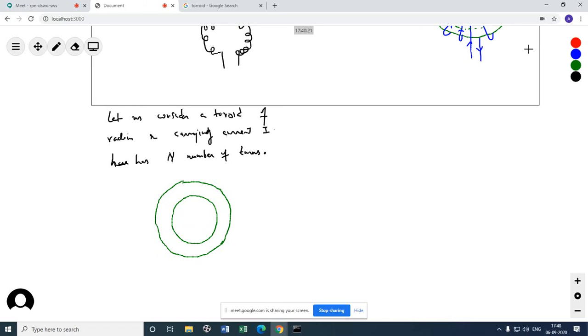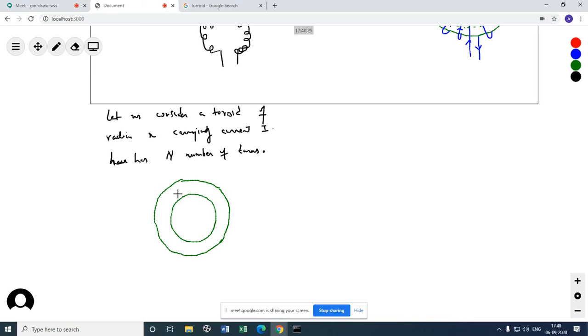I will show some dots here, circle, circle, and here also. Okay, so like this I cut it.